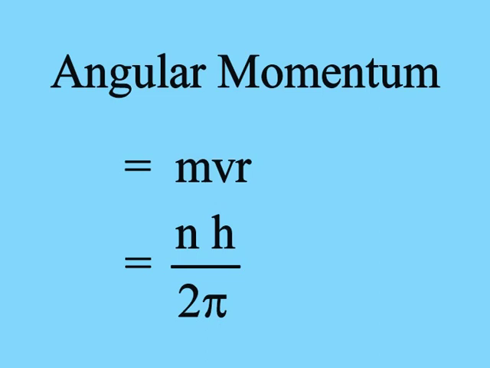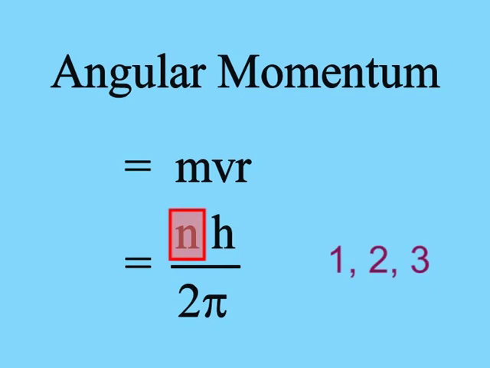Here, m represents mass of electron, v represents velocity of electron, r represents radius of the orbit, and h represents Planck's constant. The integer n can be used to designate an orbit.